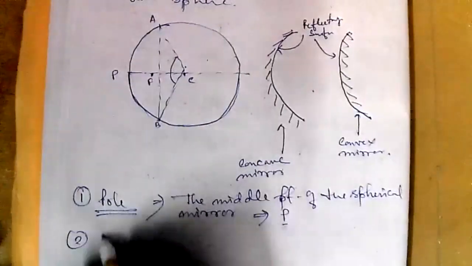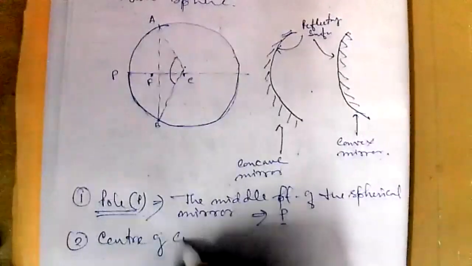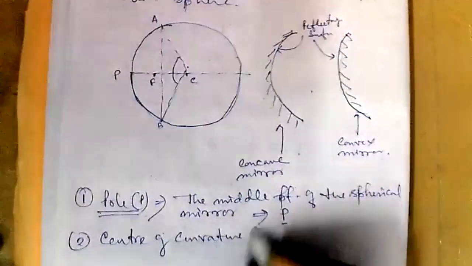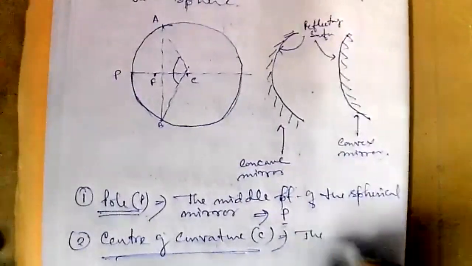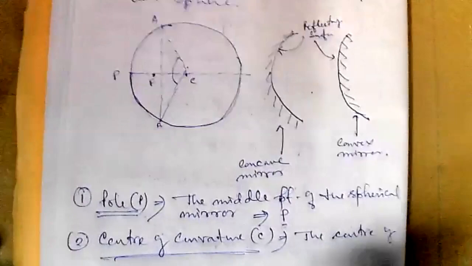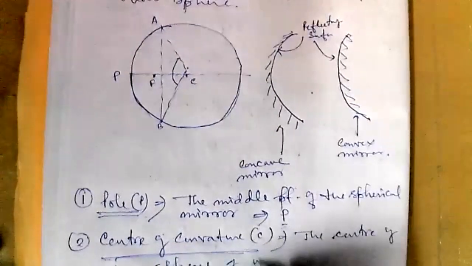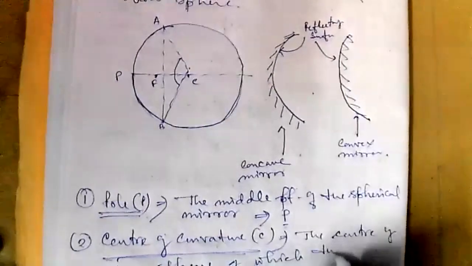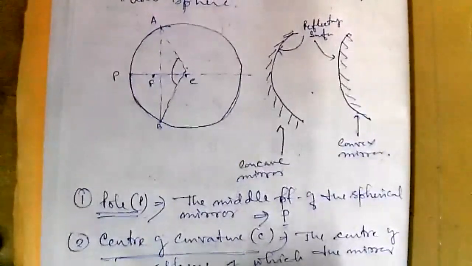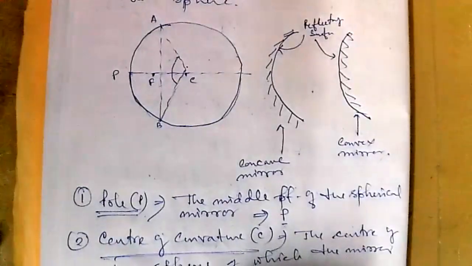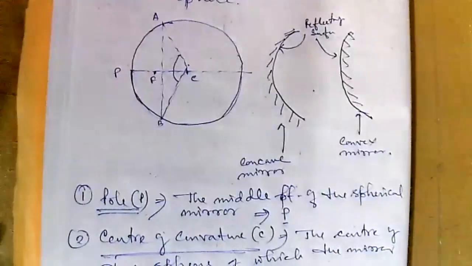Secondly, center of curvature, C. The center of the sphere of which the mirror is a part is called the center of curvature. So here C is the center of curvature.